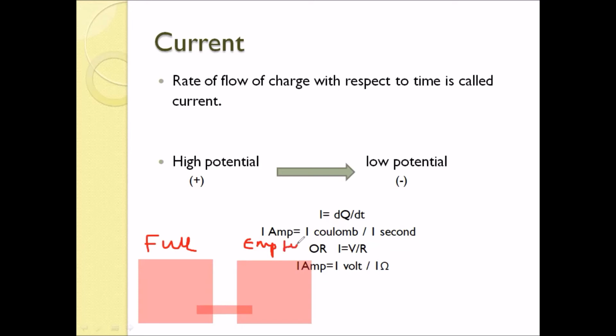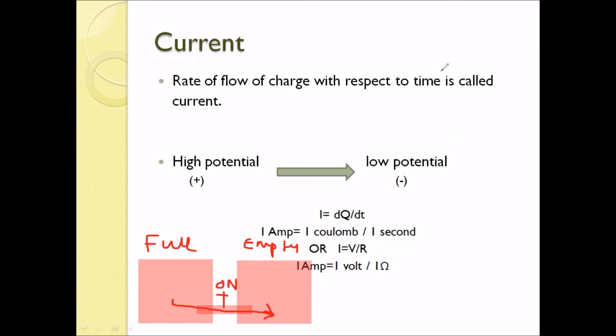As we connect these two containers through a pipe and turn on the tap, we will see that the water starts to flow from the full container to the empty container. This happens because this container has high potential of water, while this container has comparatively low potential. So the water will flow from high to low potential.